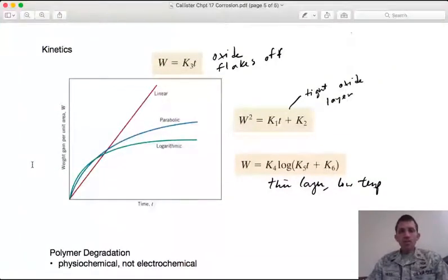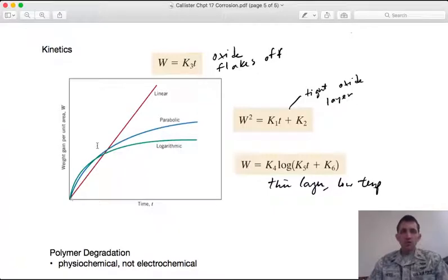the kinetics of this reaction, or the passivating reaction, is characterized by a couple of these expressions. So if we look at a linear kinetic expression, this would be weight gain, meaning of oxide. So as I oxidize the surface, I'm putting oxygen into the surface, which produces a weight gain as a function of time.